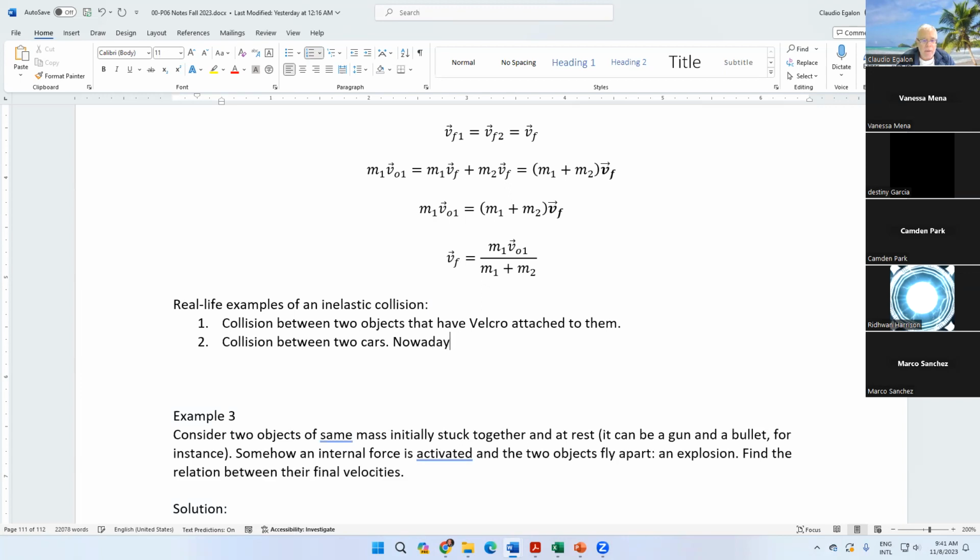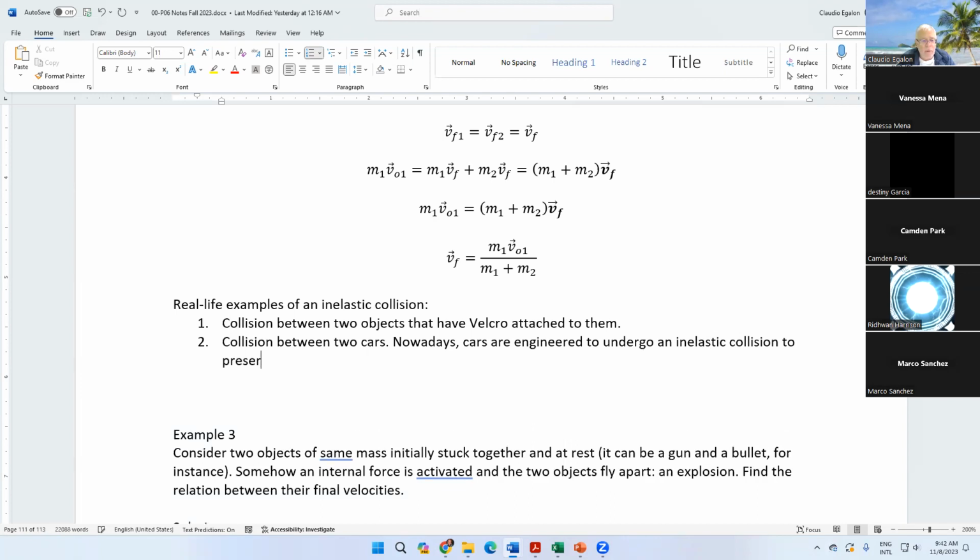Nowadays, cars are engineered to undergo an inelastic collision to preserve the lives of passengers. Okay.